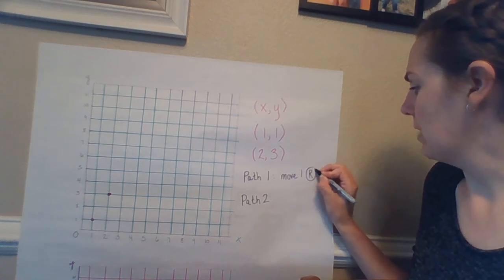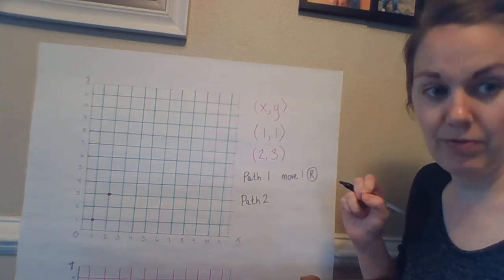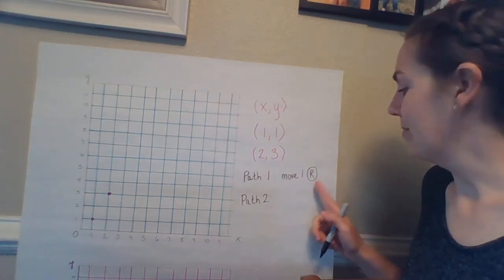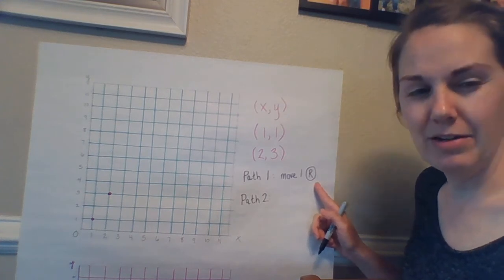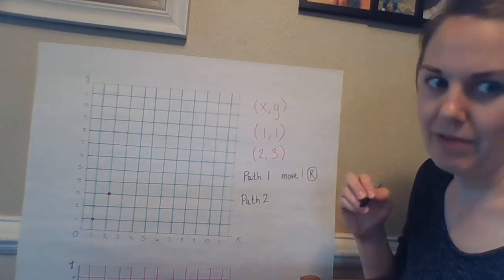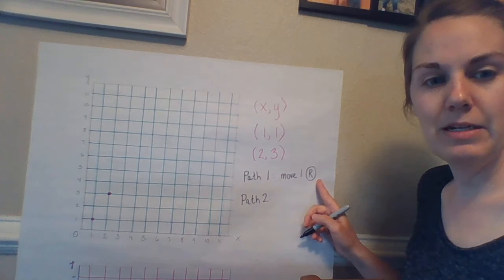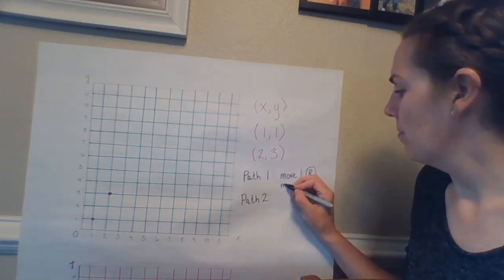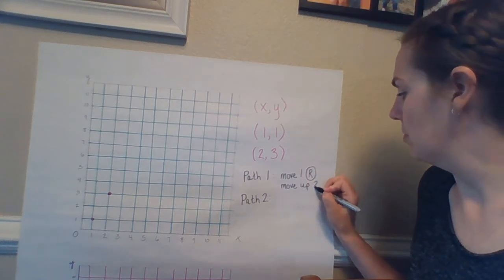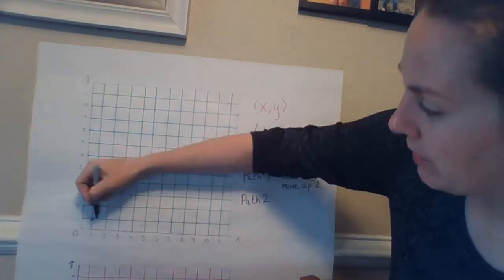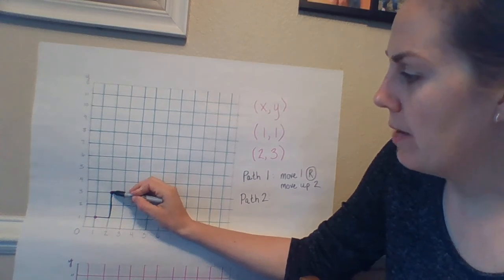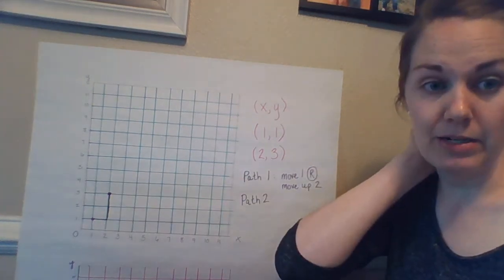And these are kind of like the directions that if you were to write directions down for your friend to get from your house to their house, or their house to your house rather, you would write, this is kind of like the standard symbol, R with a circle around it stands for right, L with a circle around it stands for left. So we're going to move 1 to the right, and then we're going to move up 2. So our first path would look like this. We go over 1 to the right and up 2 to get to our second dot.